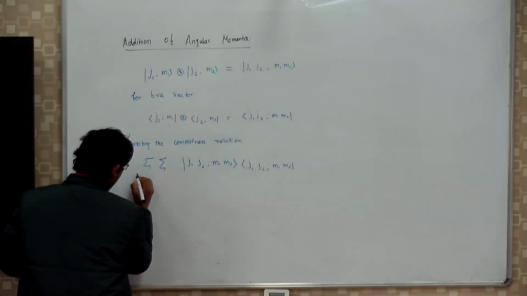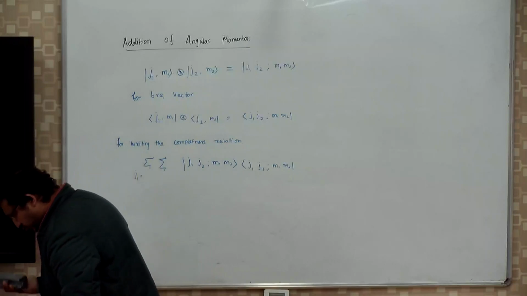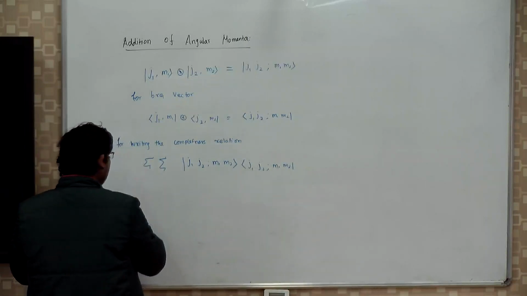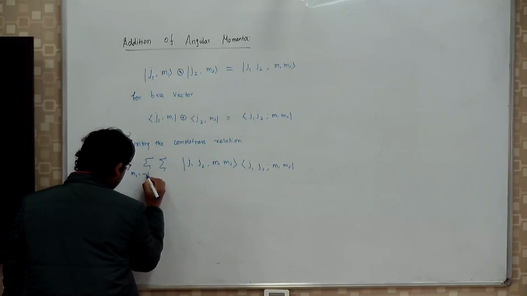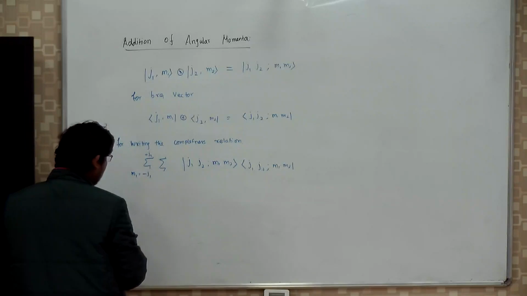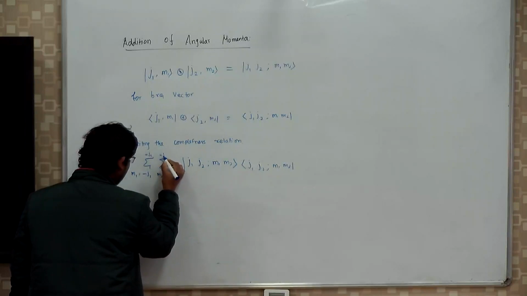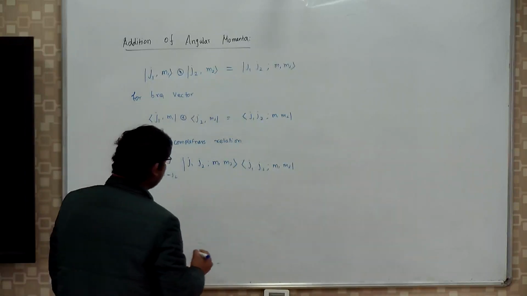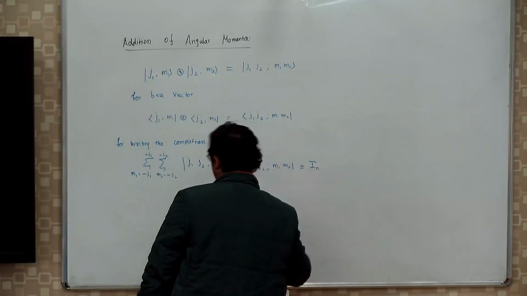M1 will move from minus J1 to plus J1, and M2 also varies from minus J2 to plus J2. This is nothing but the completeness relation, the identity IN.